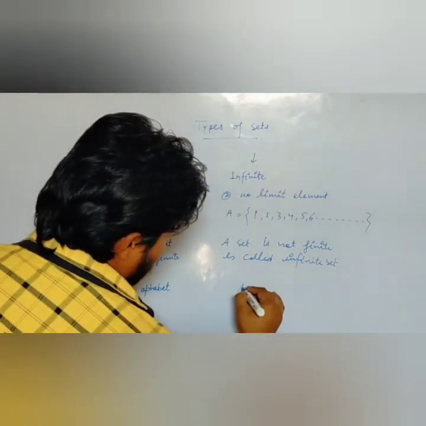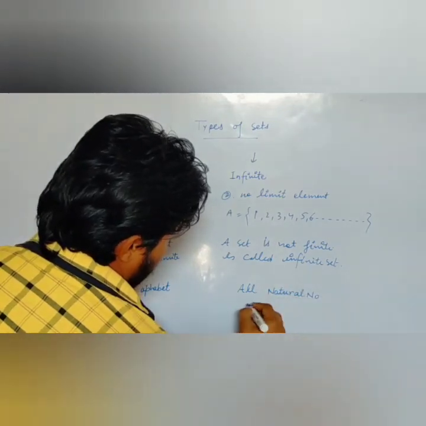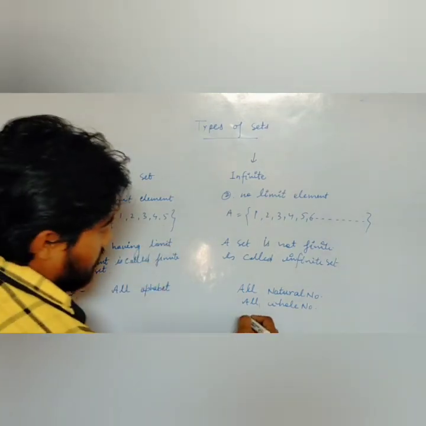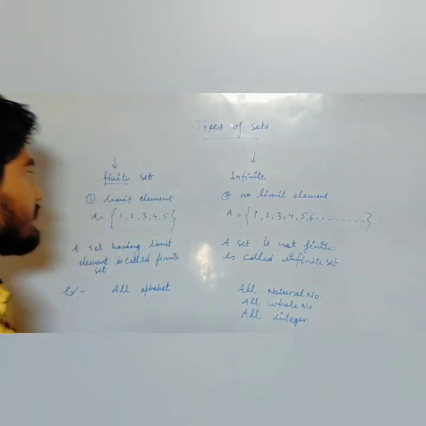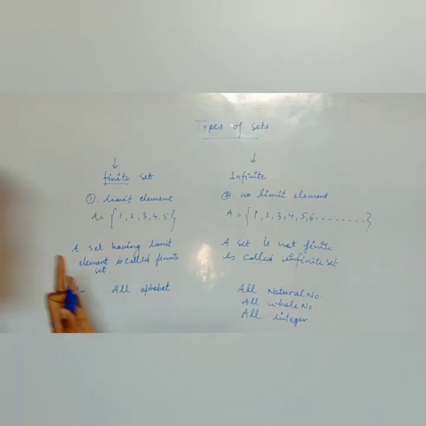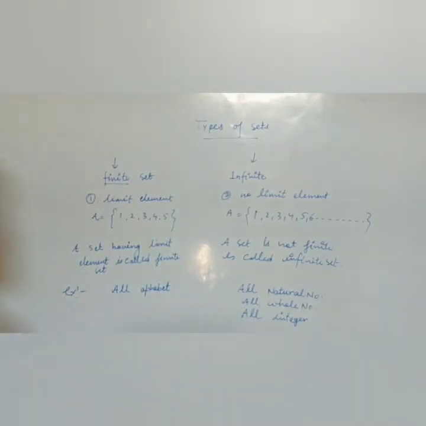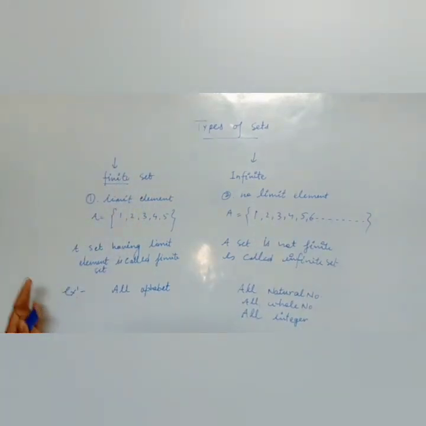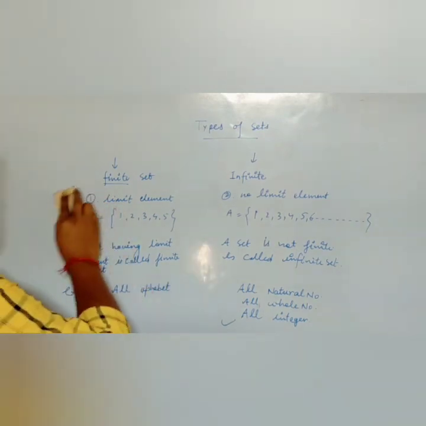But all natural numbers, all whole numbers, all integers, these are so many; this is an infinite set because there is no limit. As you go further, you keep getting more numbers. So this is the infinite set, and this is the finite set. Clear? Next.